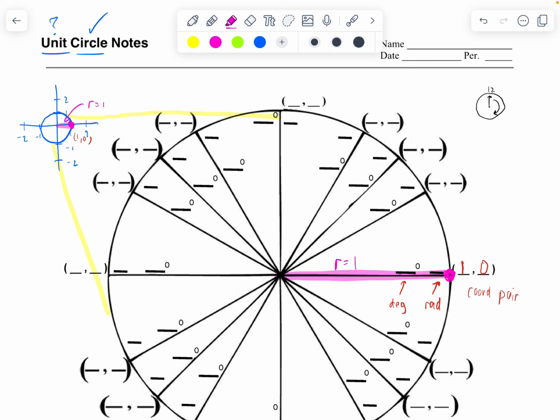For a unit circle, the starting point is this radius that I drew, and it moves in the opposite direction, counterclockwise.